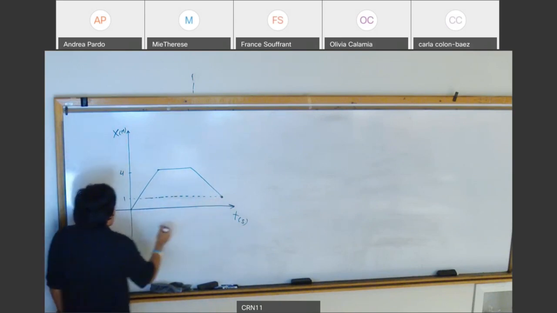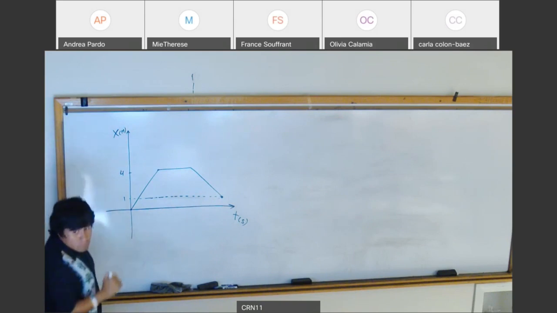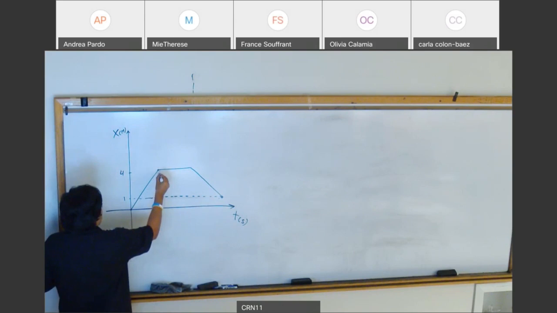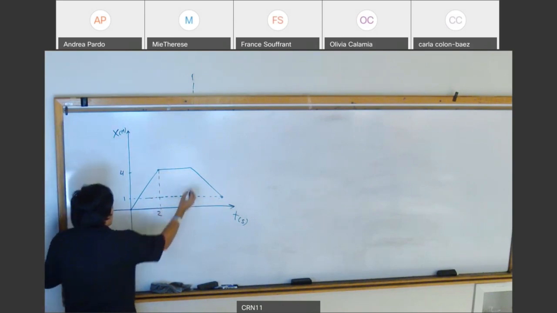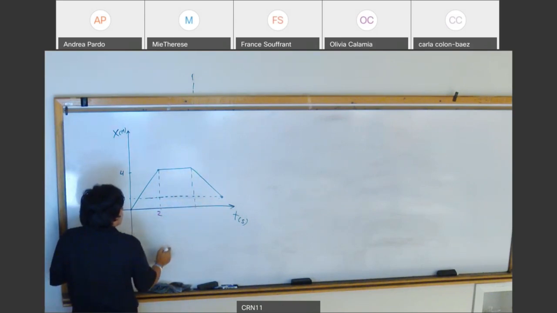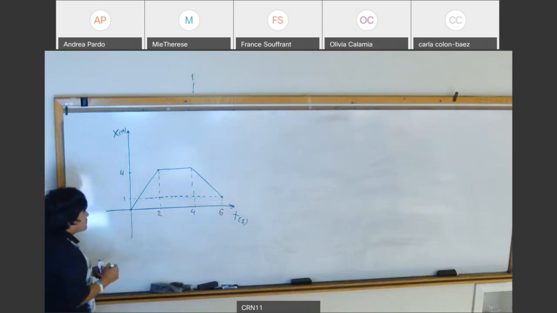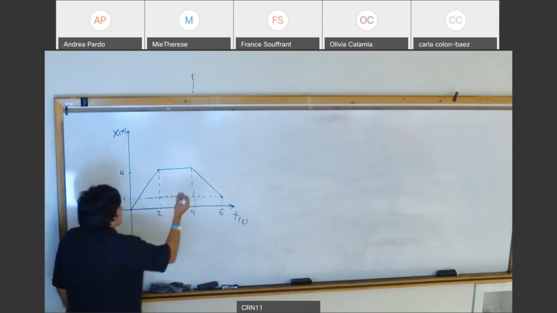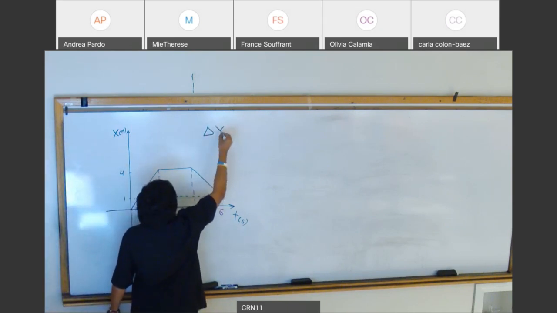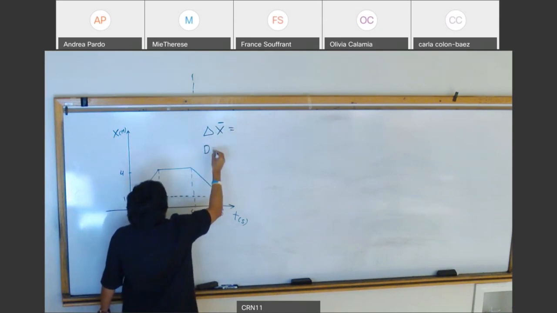That's your position final. That's your position initial. And they give you all the times. So let's say this happened in 2 seconds, this in 4, and this will be 6. Find the distance and displacement. What is the displacement and what is the distance traveled?